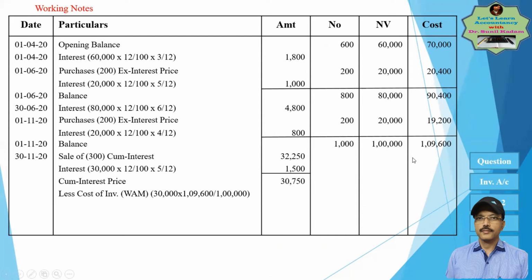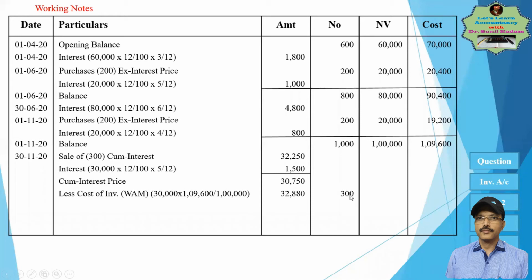To calculate that, we will put the equation: for 1 lakh nominal value, cost is 1,09,600; we want to sell 30,000, the X. So we will cross multiply: 30,000 into 1,09,600 upon 1 lakh is the cross multiplication equation we worked out. So the weighted average cost comes to 32,880, which is the cost that is going to be realized.